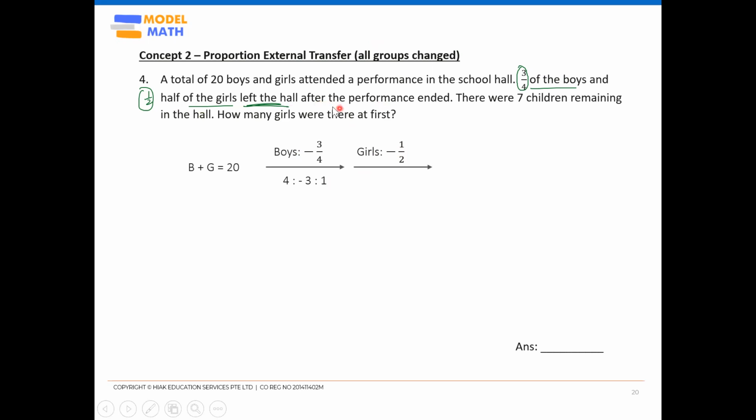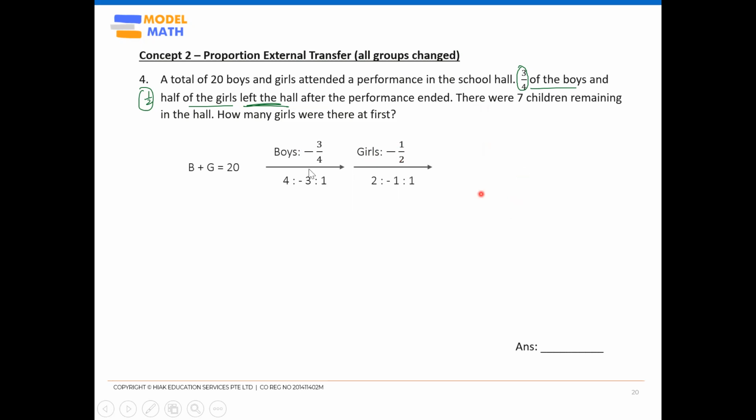However, it is possible to change all your fractions into ratio form, because there's a possibility that we could identify certain common bases from there. So 2 units of girls will be your before. 1 unit of girls leaves the hall, and after that you're left with 1.